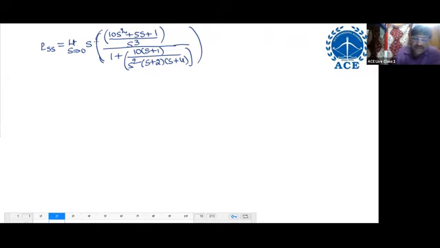So what happened now? Simplify. The S gets cancelled, then S square is left.